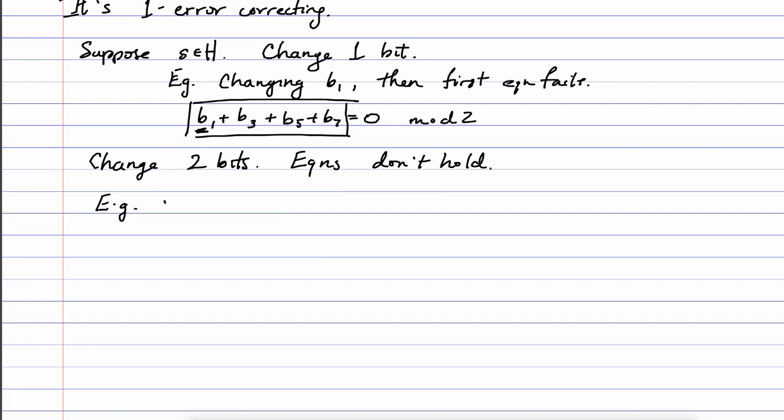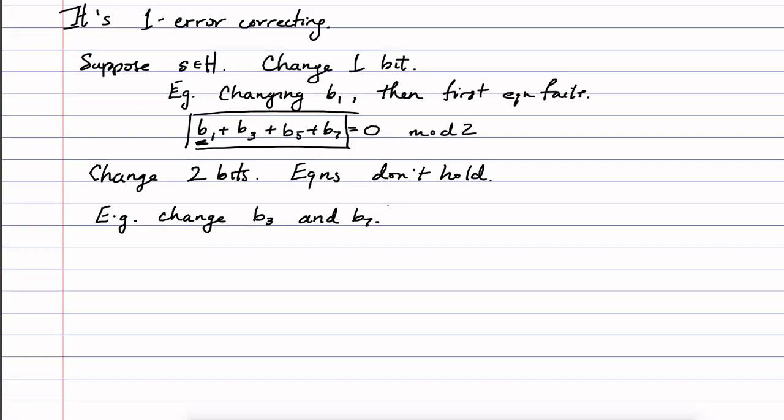So what we're thinking of is we're taking an element S in this code H, we're changing 2 of the bits to be different. We want to show that this isn't in H anymore. So the reason that the equations don't hold anymore when you change 2 bits is, well, let's go back and take a look at them.